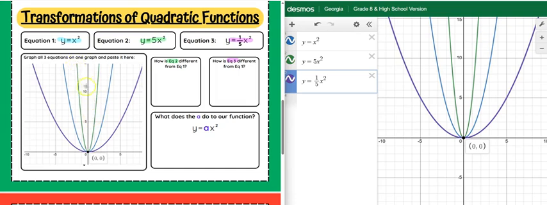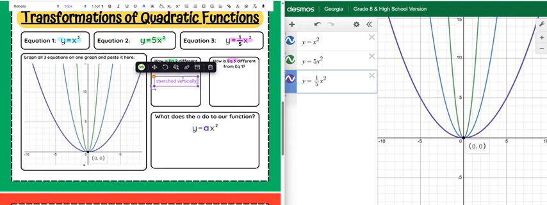So how is the green graph different from the blue? Well, what you think is that it's getting skinnier, but the way we say that in math is that it stretches vertically. You think about putting your hands above your head and stretching them straight up.